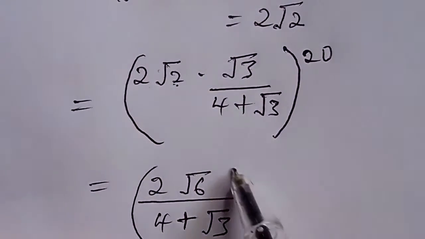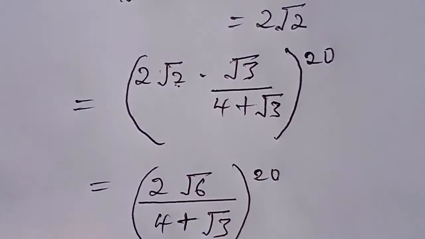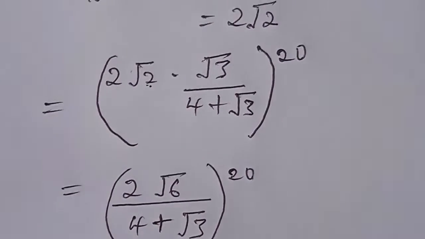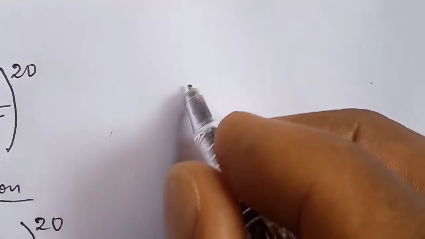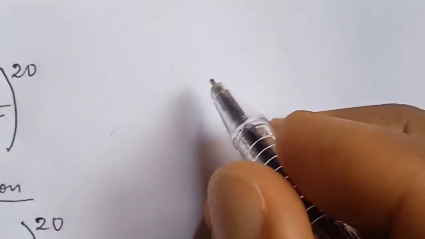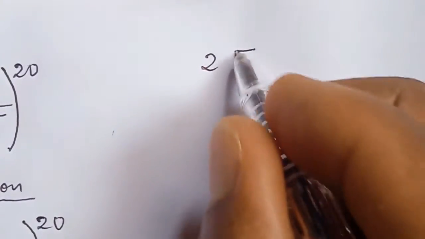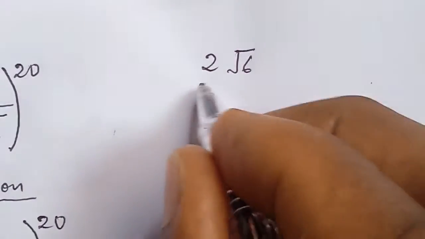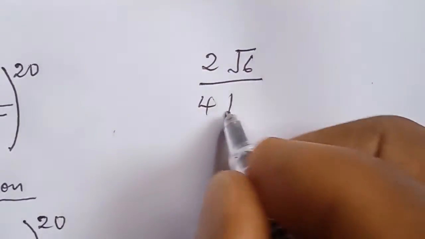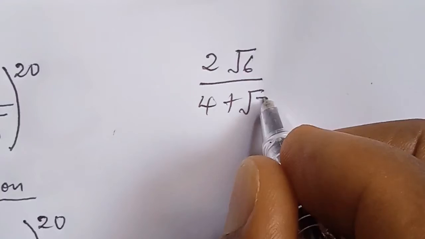So everything into brackets to the power of 20. Now from here, we have from our expression 2 square root of 6 over 4 plus square root of 3.